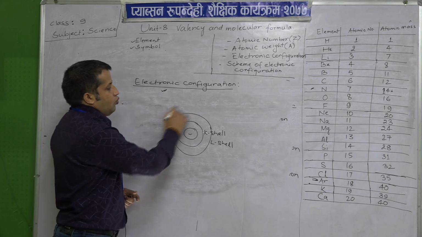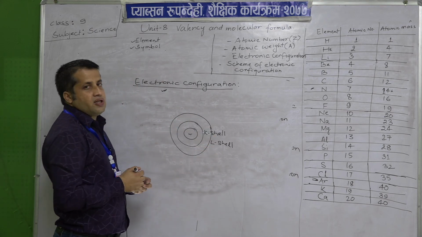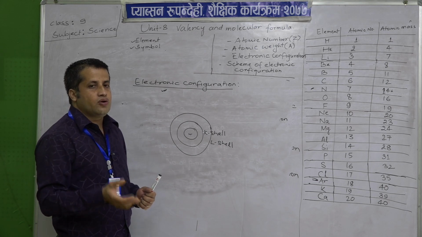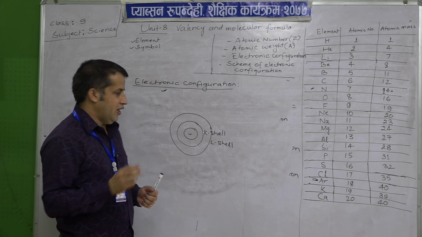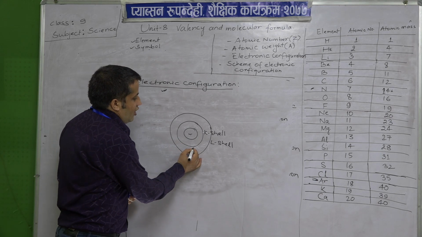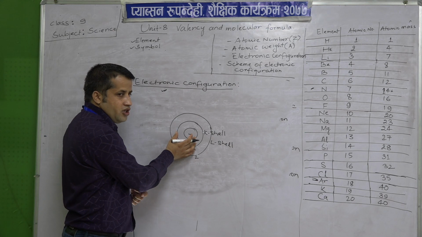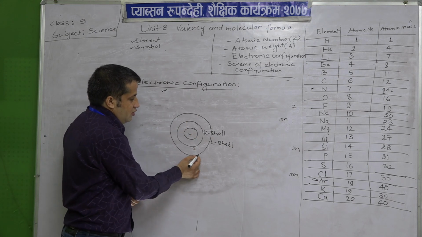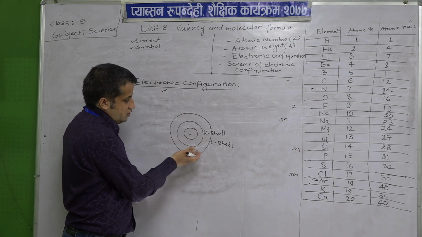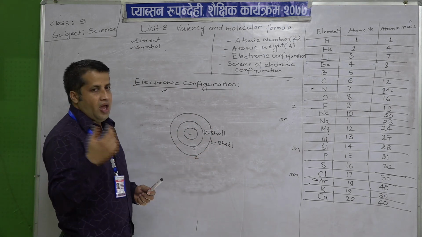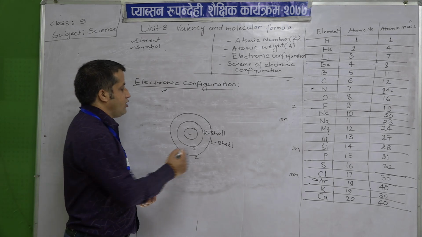In that way we can increase the number of shells according to the number of electrons found in an element. Here it is 1, here it is 2: the first is nearest to the nucleus, the second comes after it. In that way we give names and numbers to the shells.